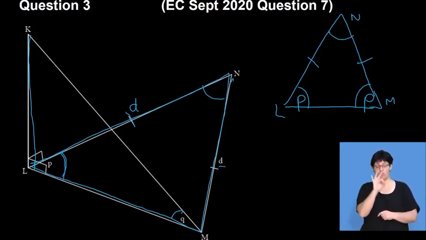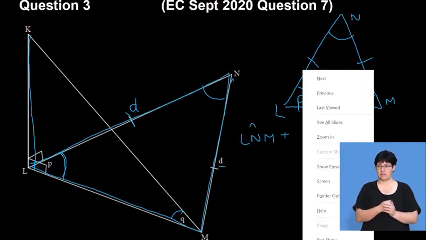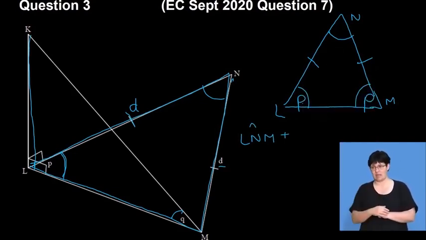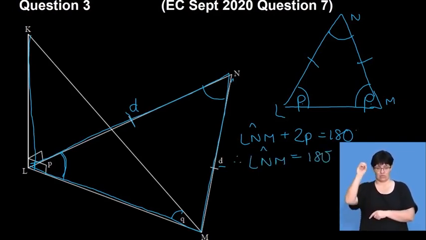The three angles together, so angle LNM, which is the angle we're trying to find, plus this P, plus another P, so plus 2P, is equal to 180 degrees, because the sum of the angles in a triangle is always 180 degrees. Therefore, LNM is equal to 180 degrees minus 2P. Okay, so not too bad.